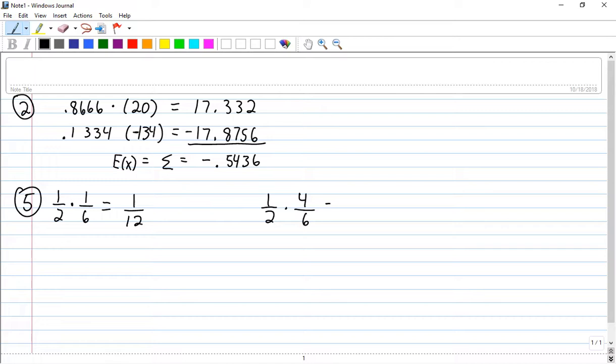So if I multiply those two, that's 4 out of 12, or if I simplify, that's 1/3. Okay, 1/3 is about 0.3 repeating. So if I rounded that to 4 decimal places, it'd just be 0.3333.